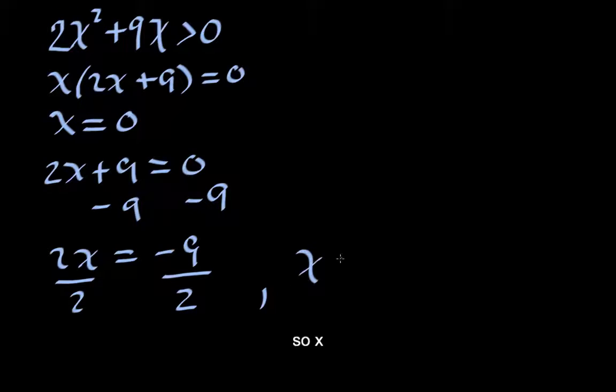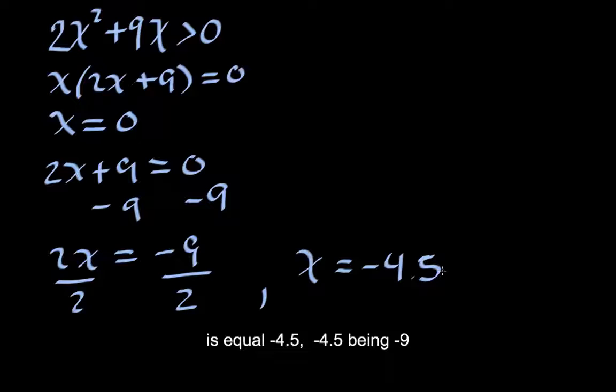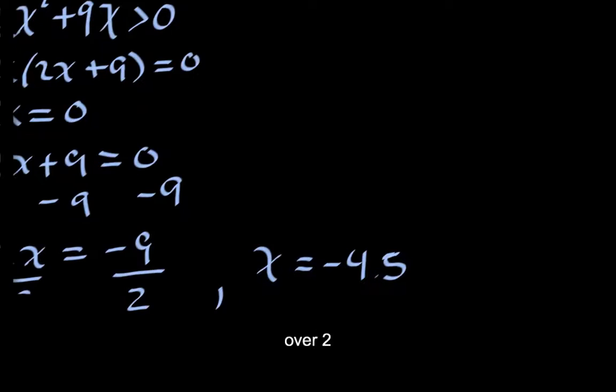So x is equal to negative 4.5, 4.5 being negative 9 over 2. So, our two solutions, x equals 0, x equals negative 4.5.